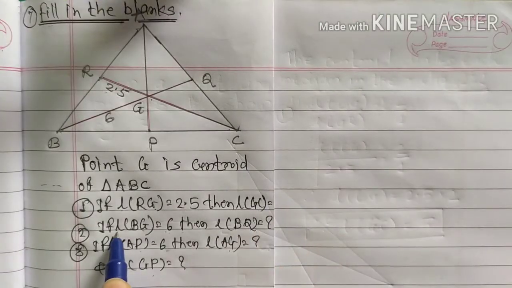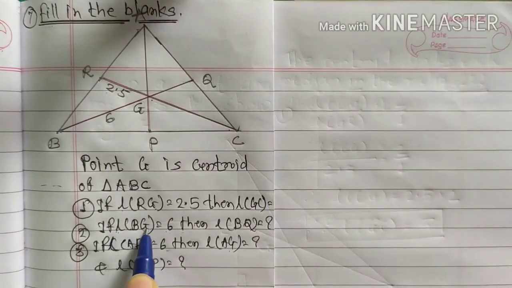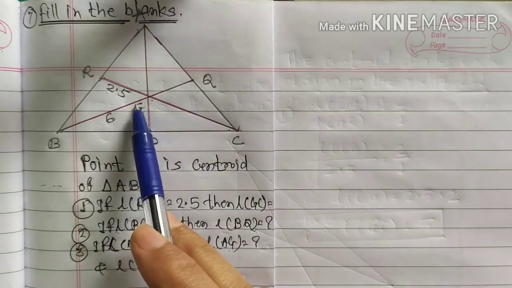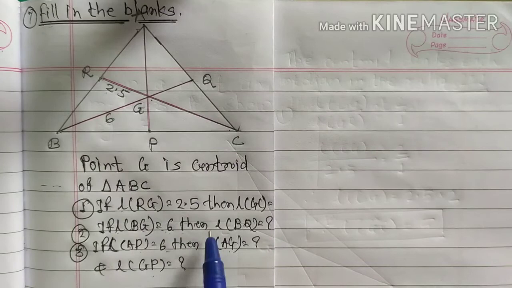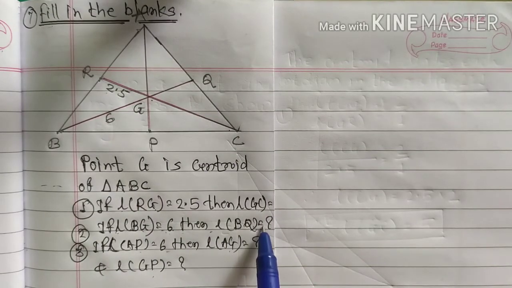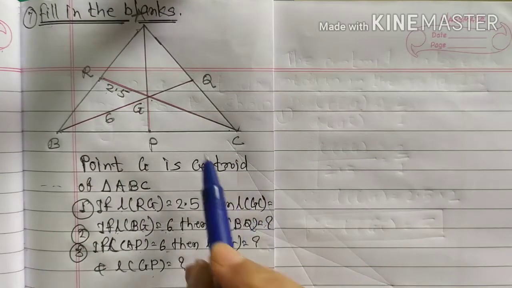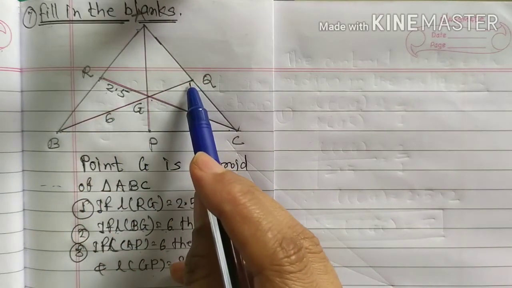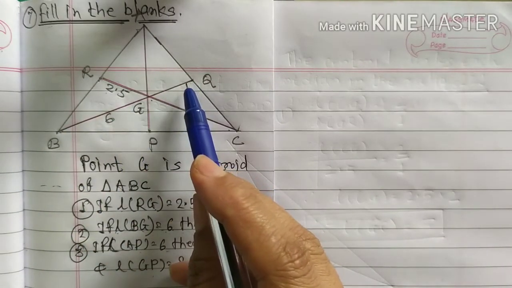Then example number 2: if BG is equal to 6, then find out length BQ. Length BQ, the total length, we are to find out.